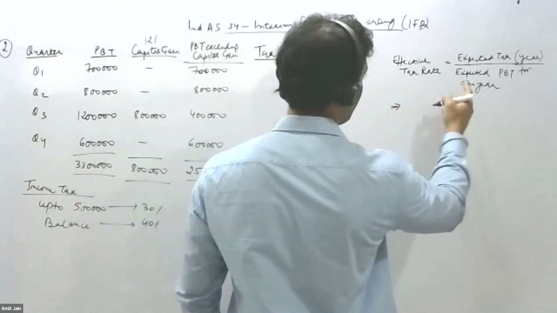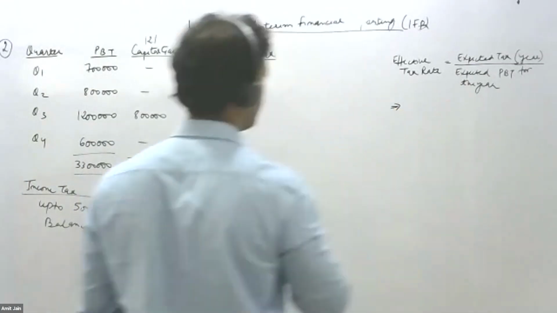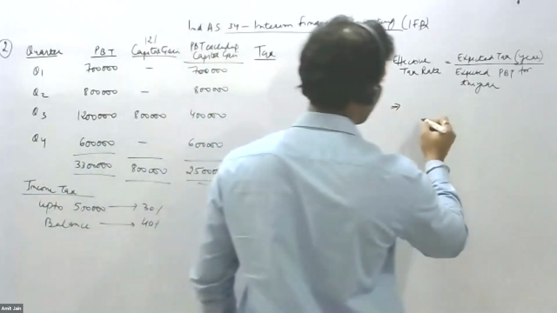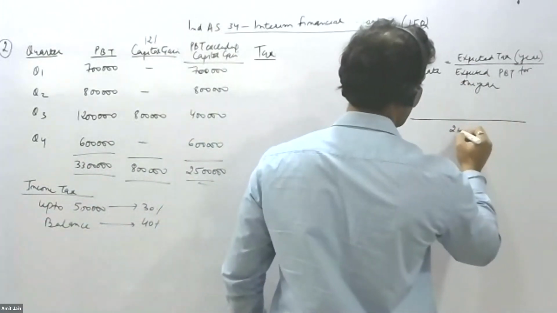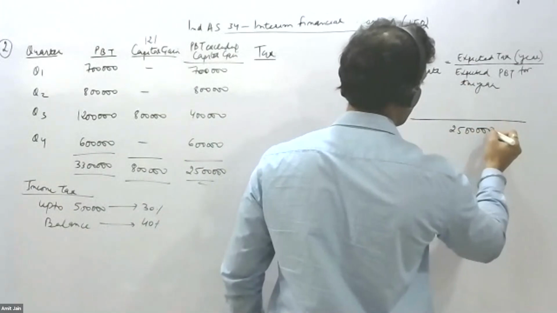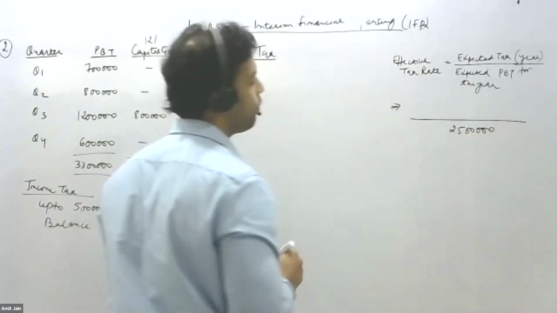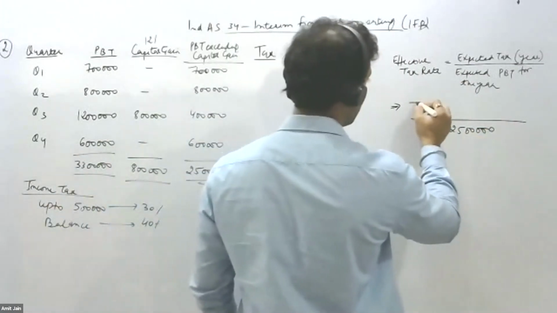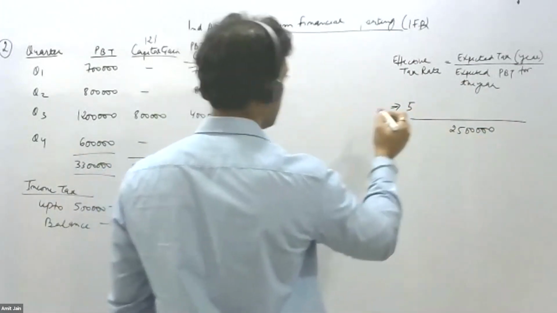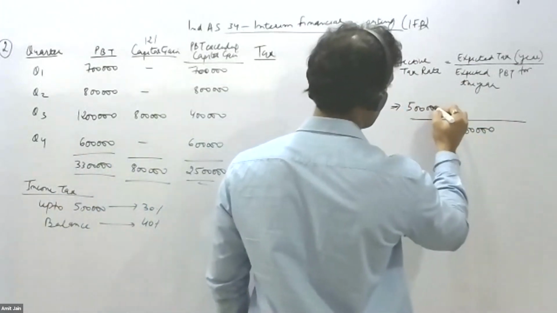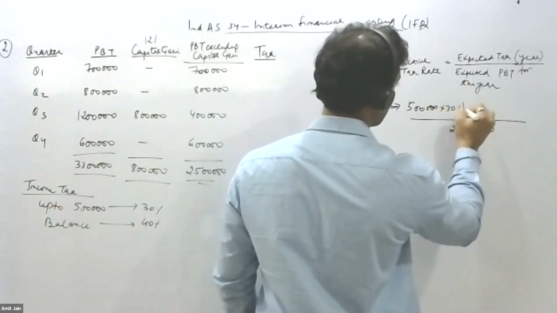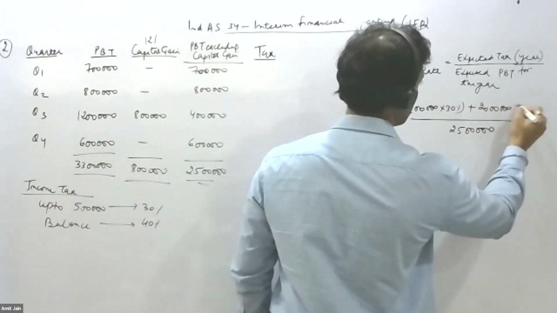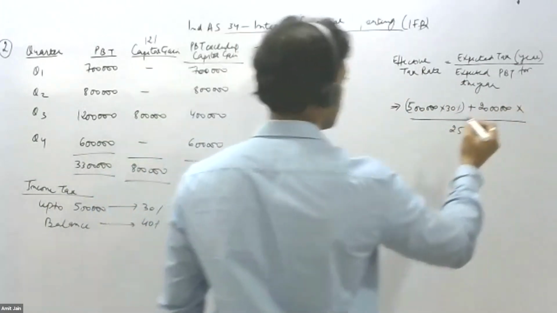So what is the expected PBT for the year? 25 lakh rupees, right? So we need to compute the tax on 25 lakh rupees only, right? So how to compute? Up to 5 lakh rupees, it is 30%. And balance 20 lakh rupees, it is 40%.